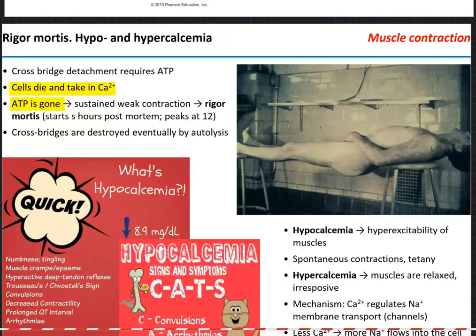You know, they're dead. So on whatever ATP is left, they form cross bridges. And that results in a weak contraction of your skeletal muscle, so-called rigor mortis, which peaks at about 12 hours post-mortem.